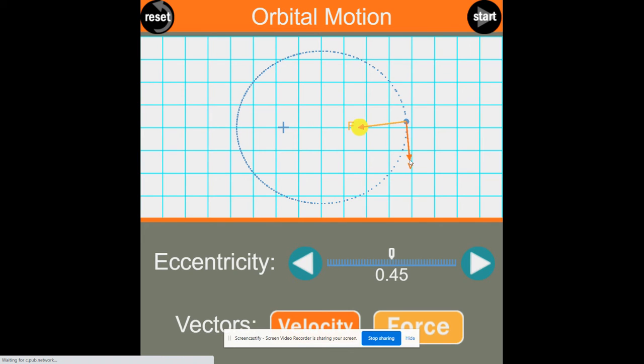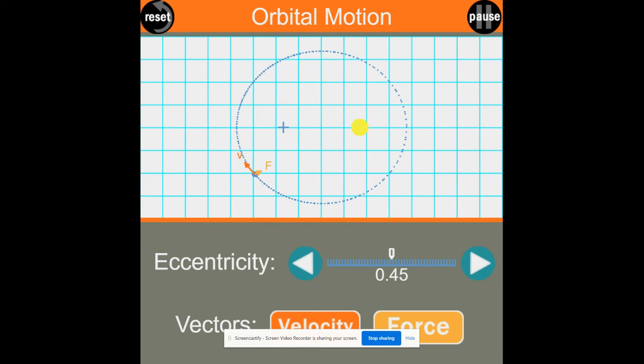Because the velocity vector is longer here, it also tells me that this is when the Earth is actually speeding up a little bit. So a lot of kids don't realize the Earth is not going at this nice little constant rate. It actually goes faster when it is at a position that's closer to the sun. Let's watch again.